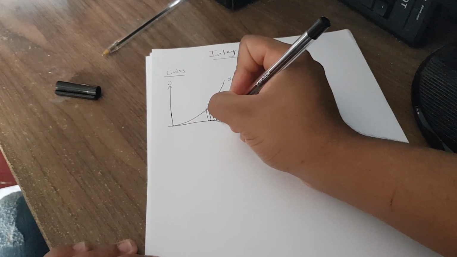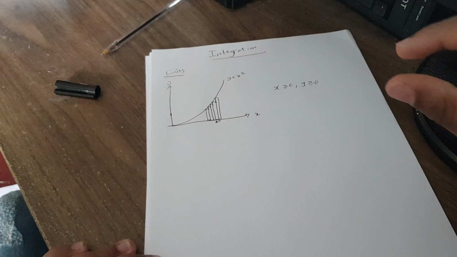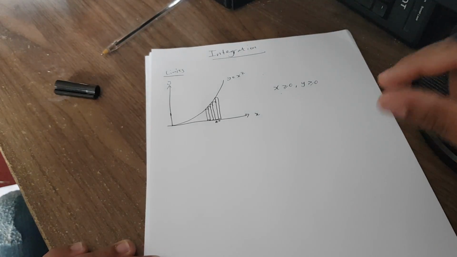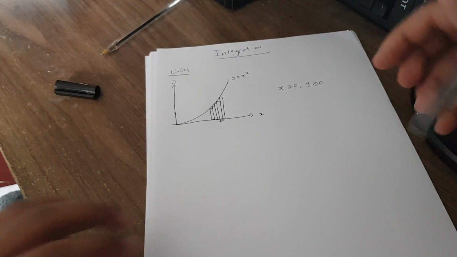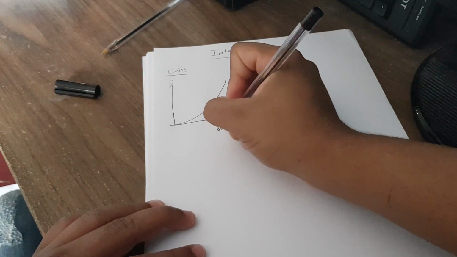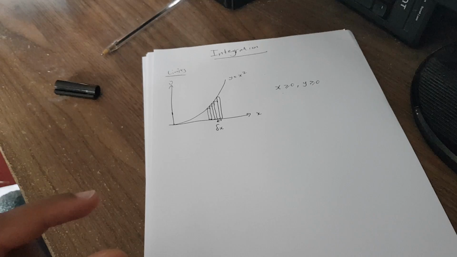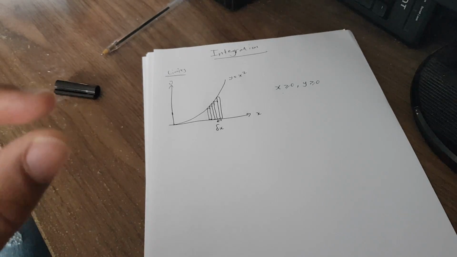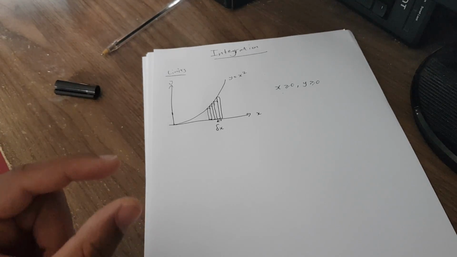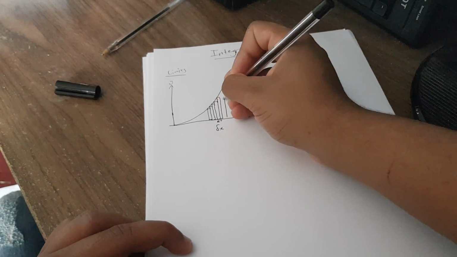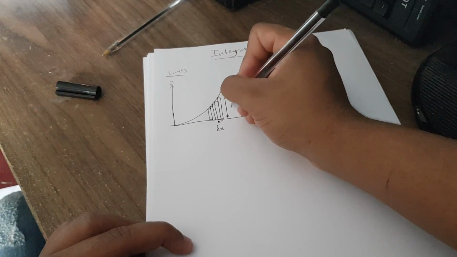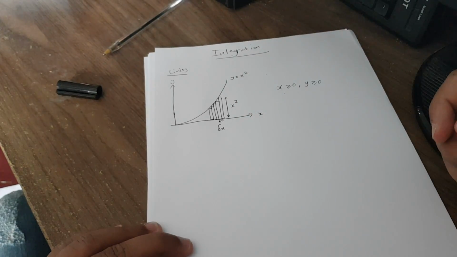Each width of the rectangle is delta x. So every rectangle has a width of delta x. And each rectangle has a variable height of x squared.